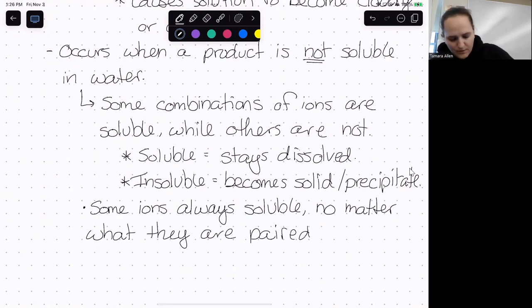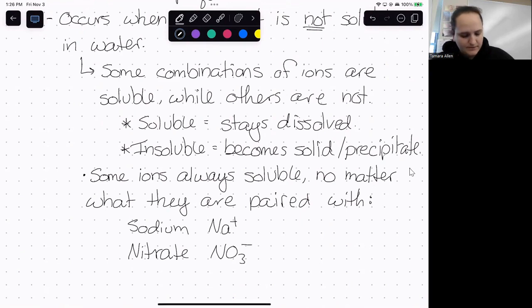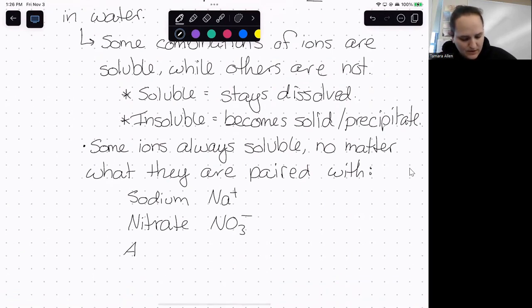There are 4 of them. They are sodium ions, which is Na+, nitrate ions, which is the NO3- polyatomic, the acetate ion, which is another polyatomic, C2H3O2-, and potassium.